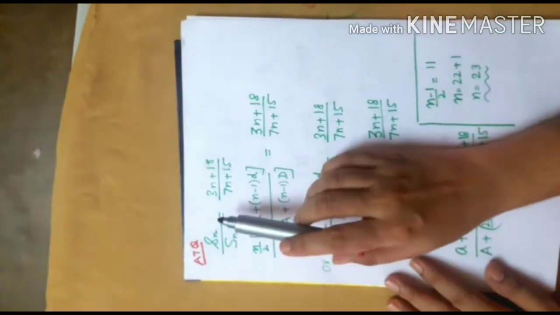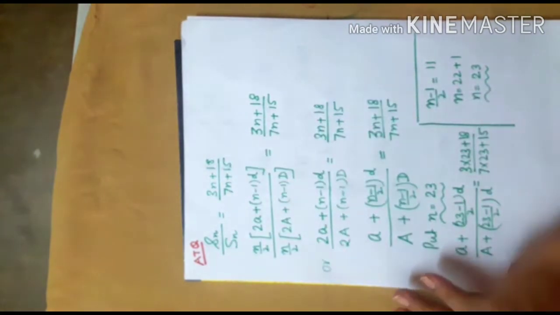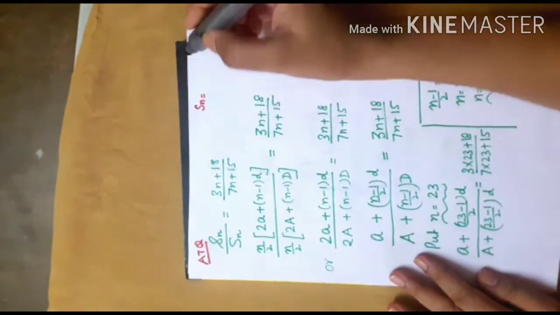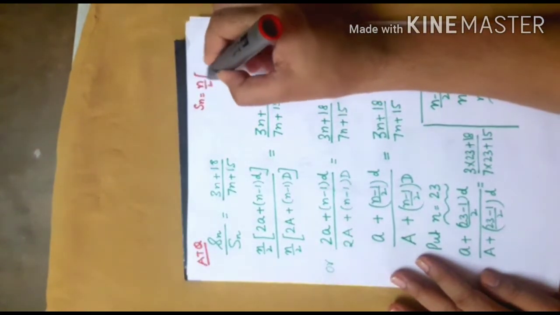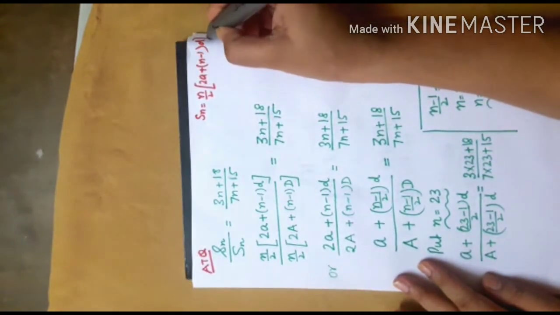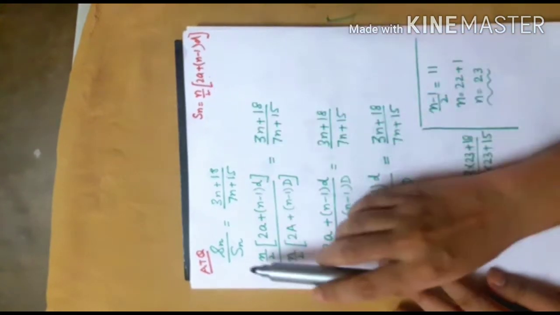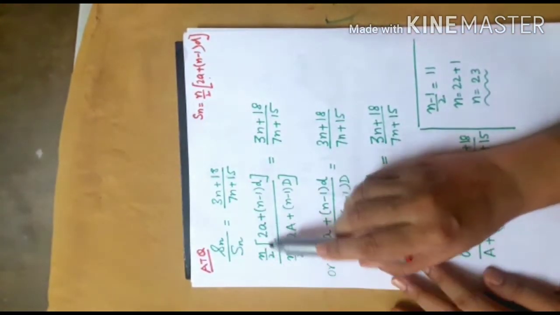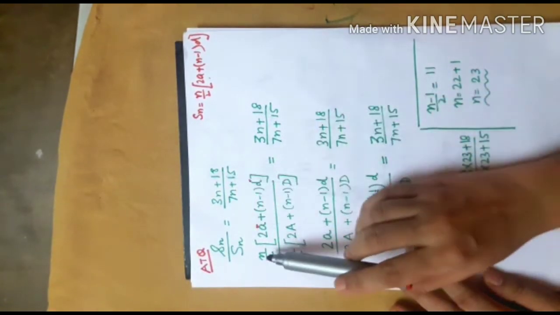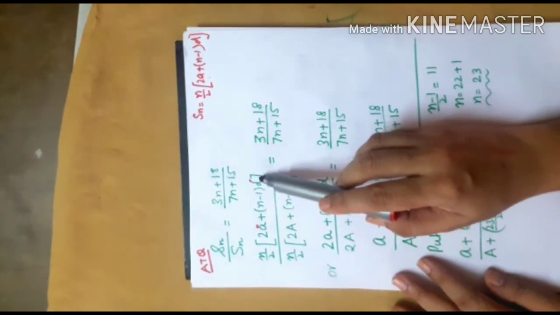Now, according to the question, small sn over capital Sn is equal to this. In an AP, the sum of first n terms is given by n by 2 into 2a plus n minus 1 d, where a is the first term and d is the common difference. For the first AP, the first term is small a and common difference is small d, so I get n by 2 into 2a plus n minus 1 d.